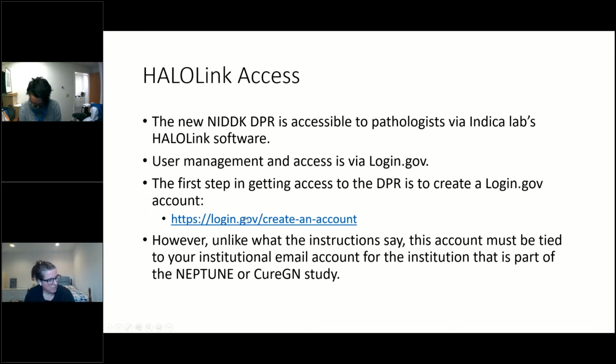The instructions for how to do that are available here, and we'll make sure everybody has that link. What is different is that those instructions recommend using a personal account. For DPR access, we need that login.gov account to be associated with the institution through which you are affiliated with Neptune or Cure. That helps us in that regard.